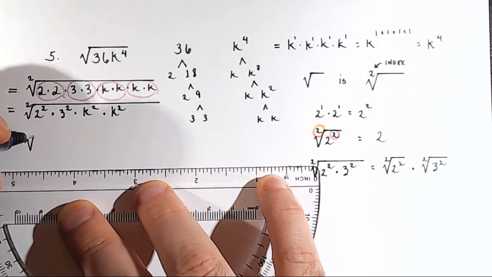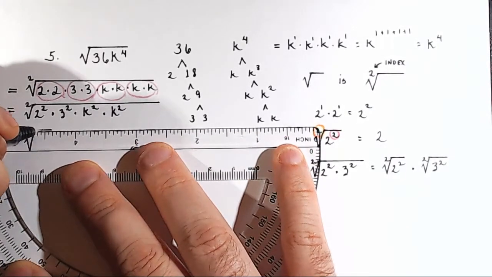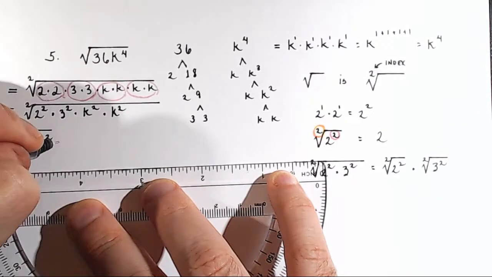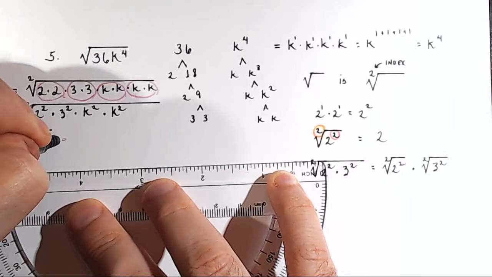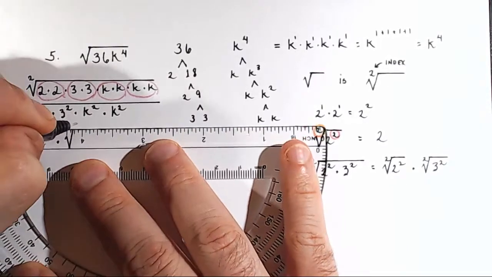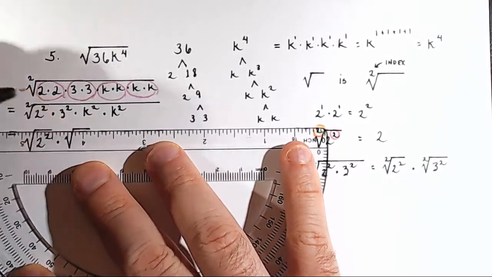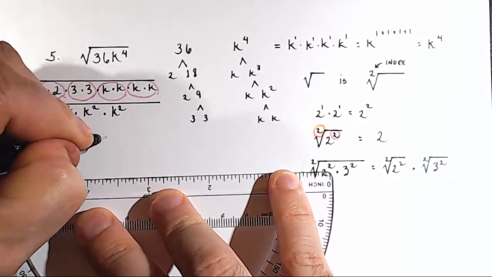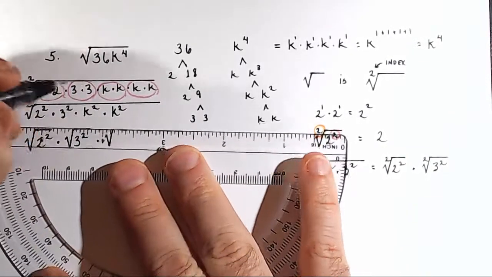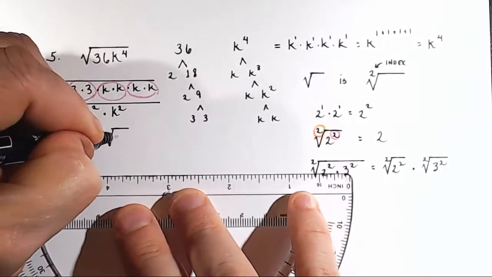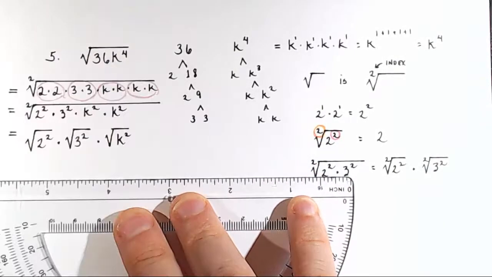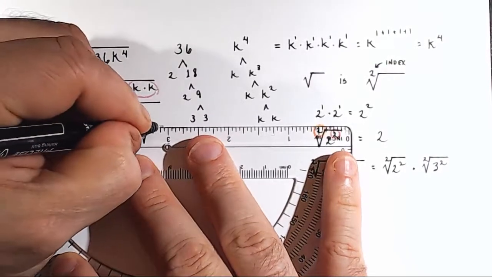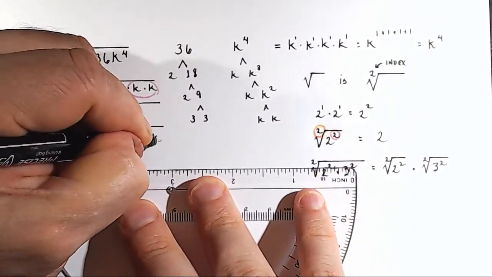the square root of 2 squared times the square root of 3 squared times the square root of k squared times the square root of k squared.